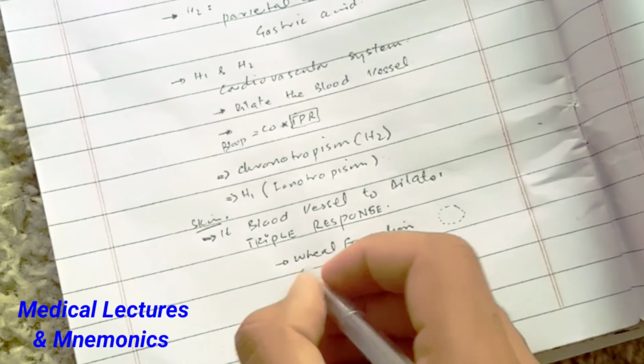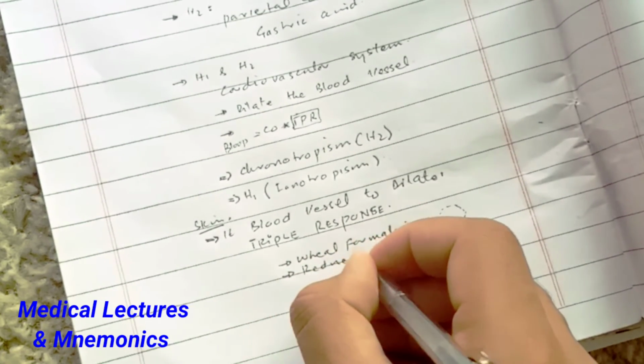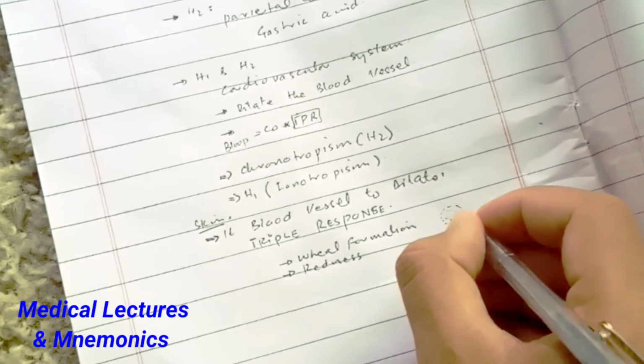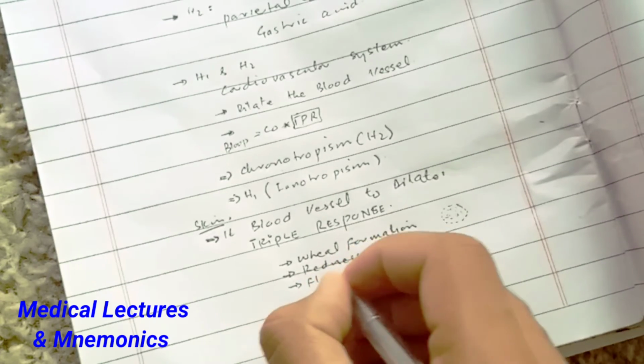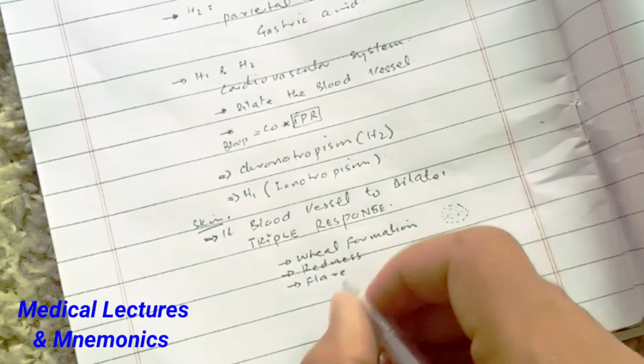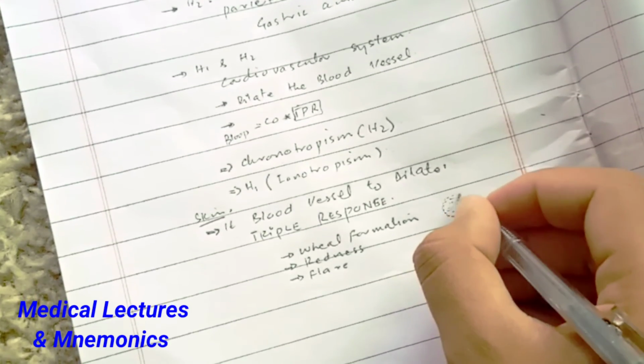Here you can see it will produce redness in the wheal formation, and it will produce a flare or halo, which is the blurred region around the wheal formation.